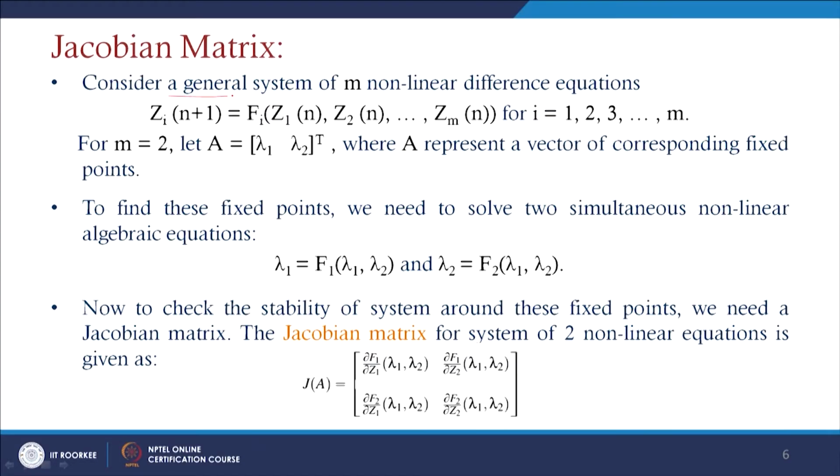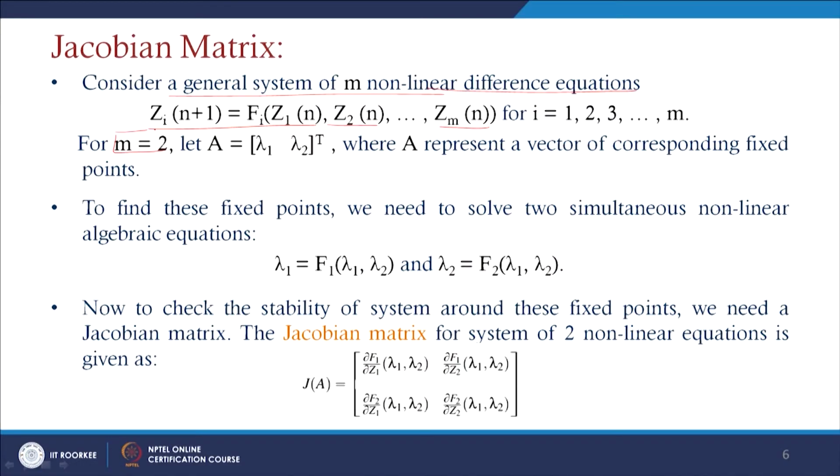So, if you go for this matrix approach, since we have a system of nonlinear equations, suppose we consider a general system of m nonlinear equations, represented as z i n plus 1 equals f i of z1 n, z2 n, up to z m n, where i varies from 1 to m. Suppose we assume two coupled nonlinear systems, that is, m equals 2.